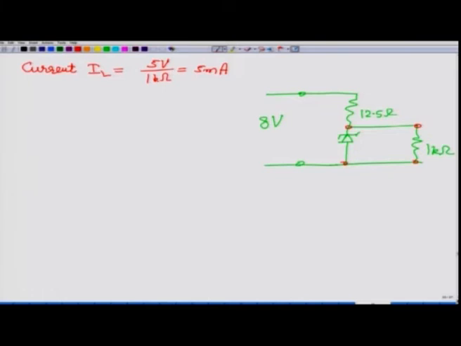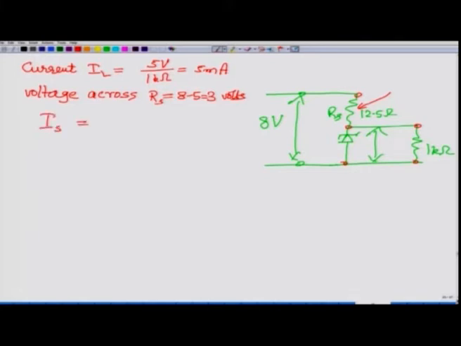What will change? The potential across this resistance RS will now drop from 5 volts to 3 volts. The total is 8 volts, this is 5 volts, and therefore, the voltage across RS is now 8 minus 5, and that is 3 volts. So, now what is the current in RS? IS is equal to voltage divided by resistance.